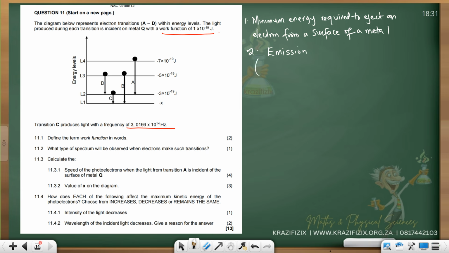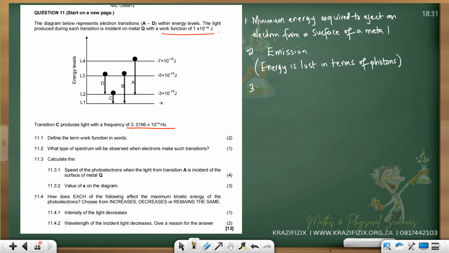Why are we saying emission? Energy is lost in terms of photons. We lose energy in terms of photons. Number 3, calculate the speed. We're looking for V of the photoelectron when the light from transition A is incident.